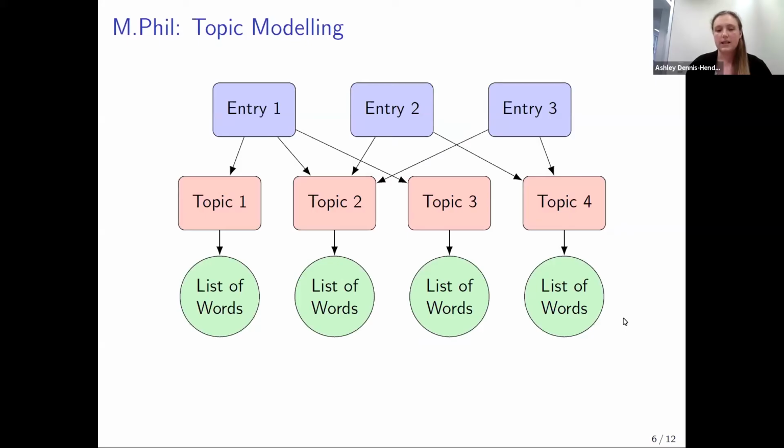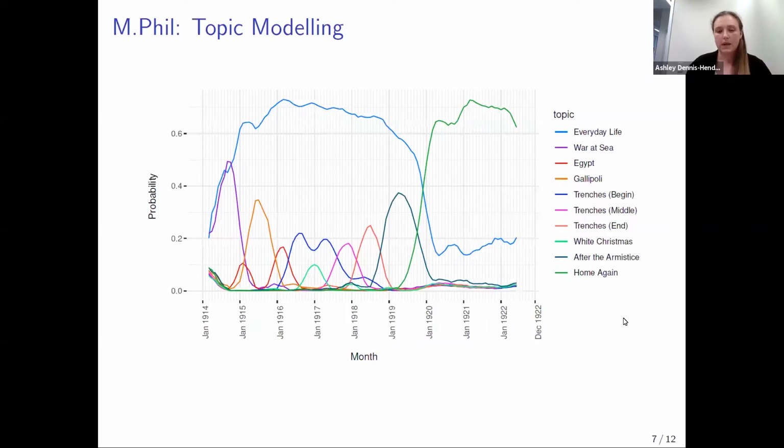Based on this idea, you can work backwards: given a document, you can find the topics and the list of words in those topics, and track what the document is about that way. Based on some analysis, we found that 10 topics was the best amount to look for, and we used an algorithm called LDA, which automatically split it up into 10 topics.